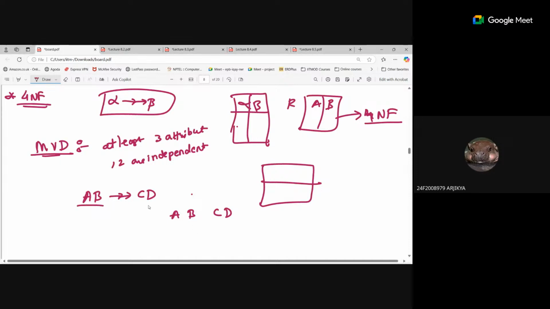If we are saying a set of attributes AB multi-determines CD, then AB multi-determines C and AB multi-determines D will be different. When we decompose them into different relations we get unique values only, for which we do a cross product. Can we write it like this?